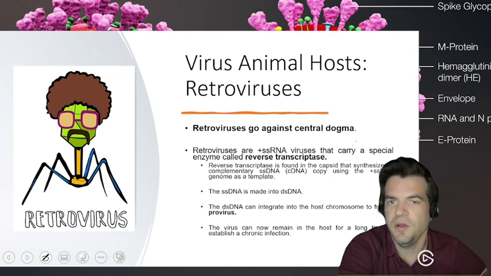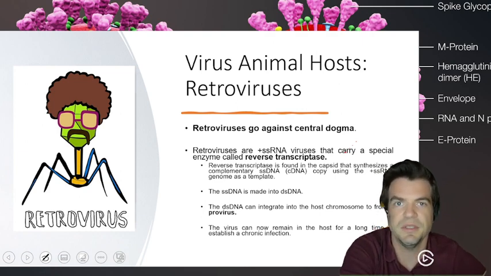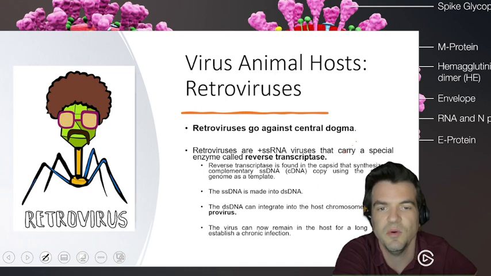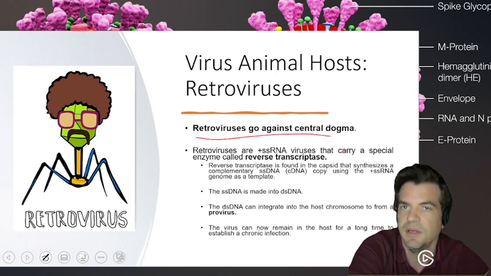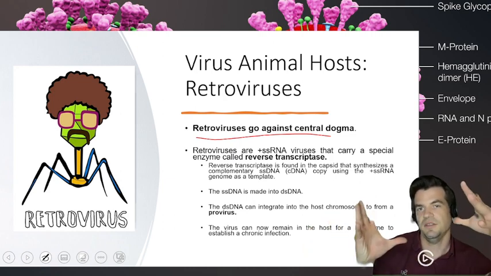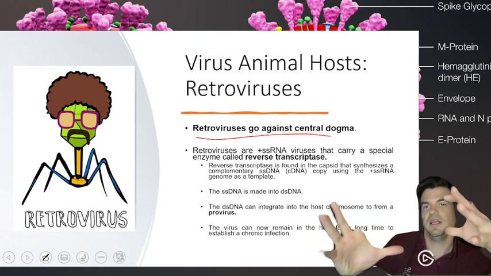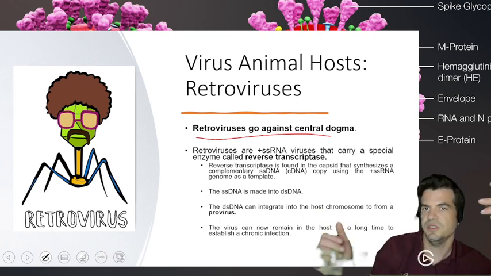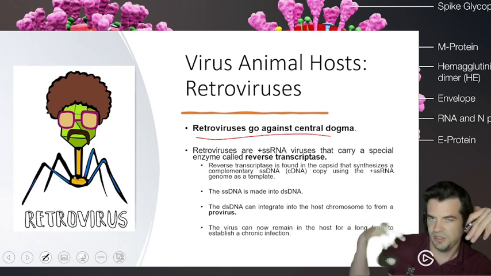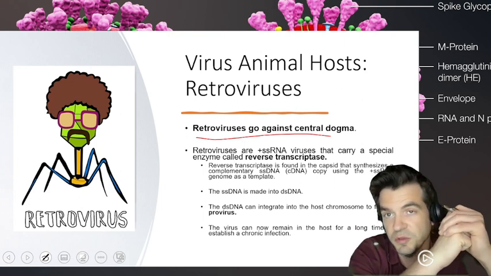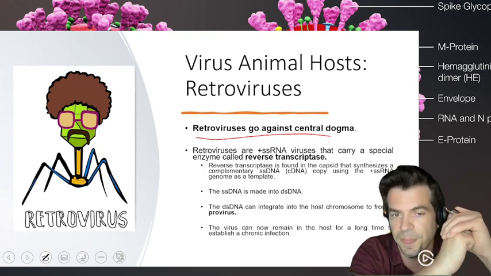Alright, and we also want to talk about retroviruses in our virus lecture. Retroviruses are called so because they go against the central dogma. What's the central dogma? The central dogma is that you have nucleic acid that is the DNA. That DNA makes a transcript, or a workable set of blueprints. That workable set of blueprints goes out to the machinery, the ribosome specifically, and makes a protein.